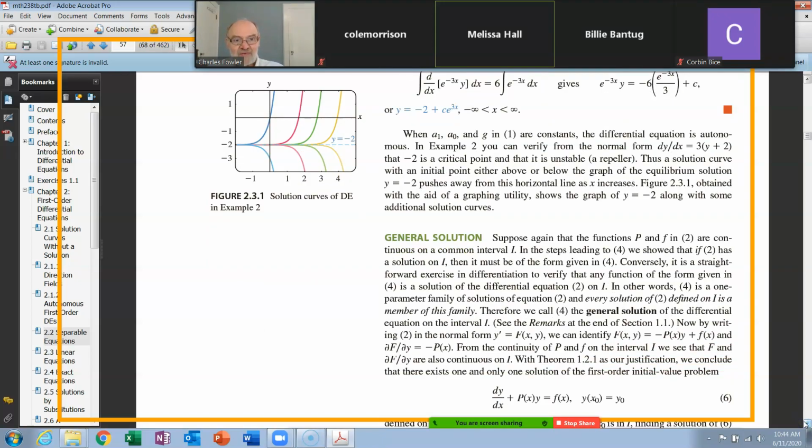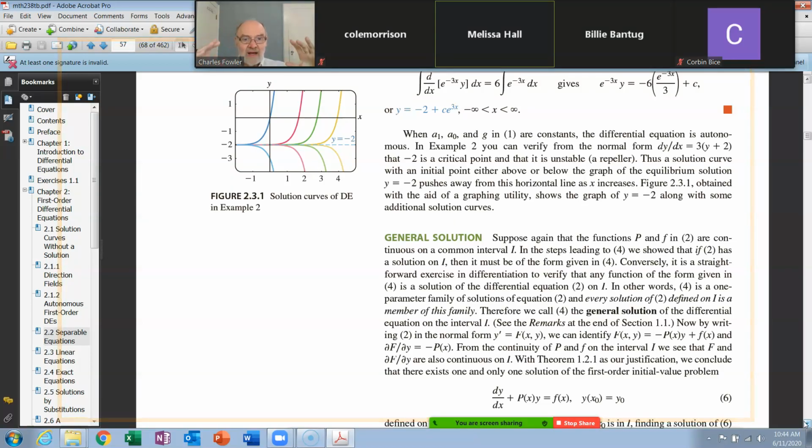Suppose again that the functions p and f in your standard linear form are continuous on a common interval I. Then all the steps that led to our final solution showed that if that standard form 2 has a solution on I, it must be of the form given in 4.